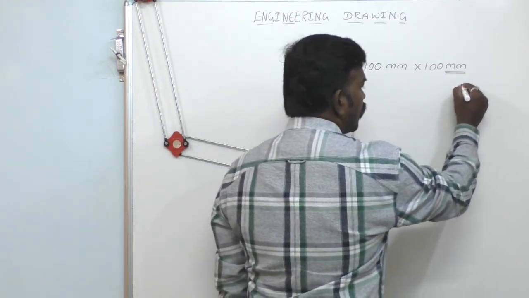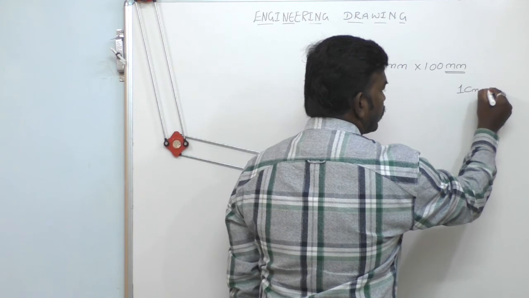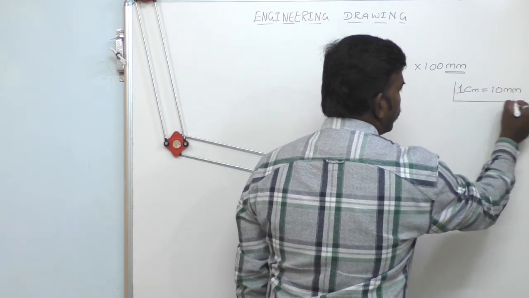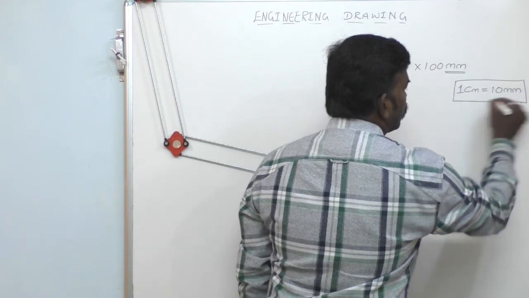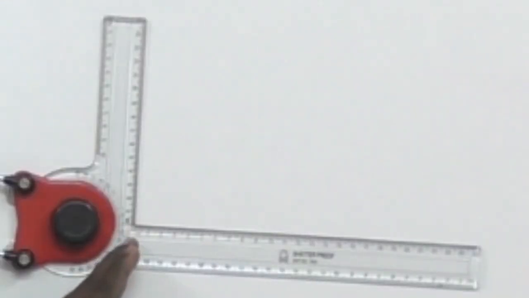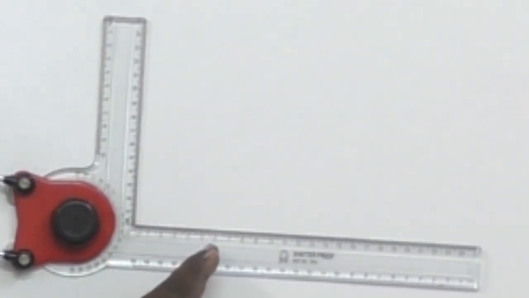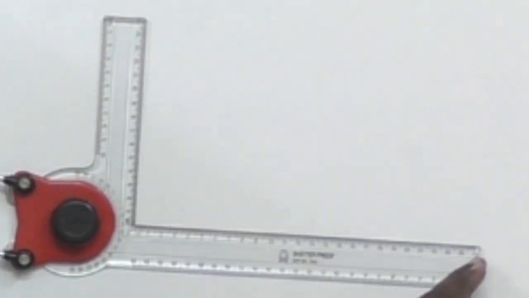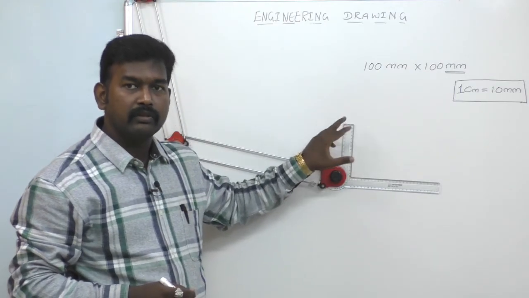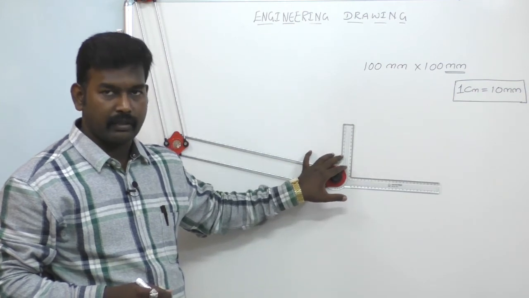That means 1 centimeter is equal to 10 mm. You have to know this. Here the scale is in centimeters, 1 centimeter, 2 centimeters. So on the x-axis we can easily measure 25 centimeters, and on the y-axis 15 centimeters, by using this kind of mini drafter.